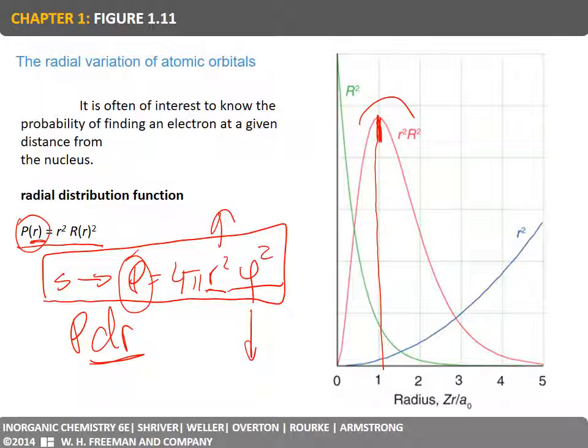So we can represent r max as being equal to a0 divided by Z. Okay, and a0 is our Bohr radius.